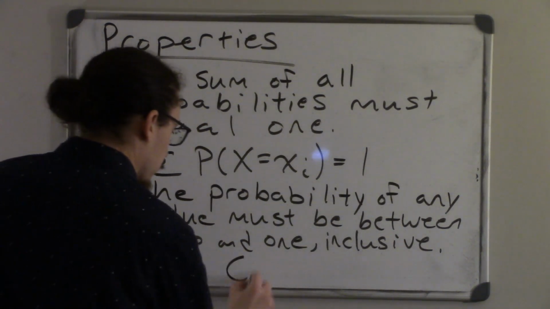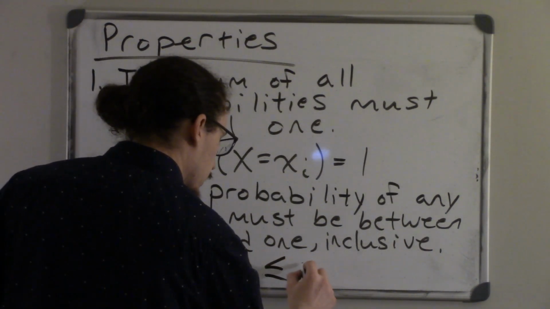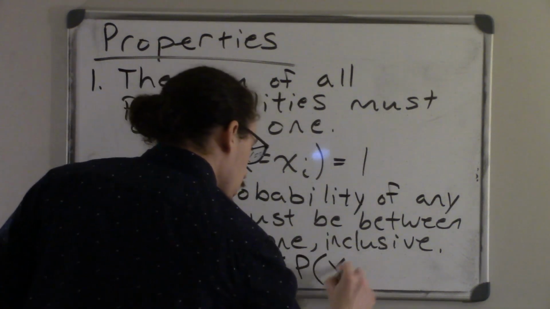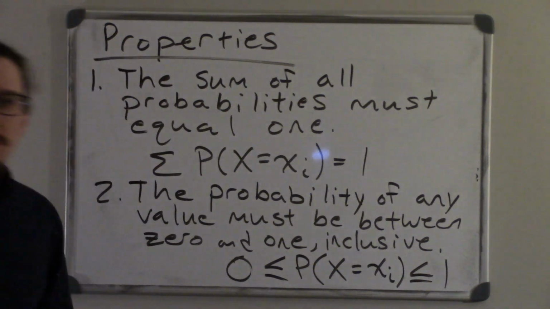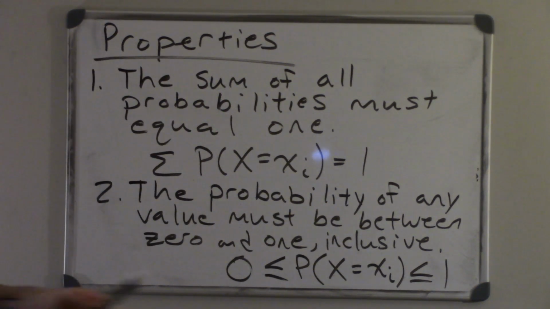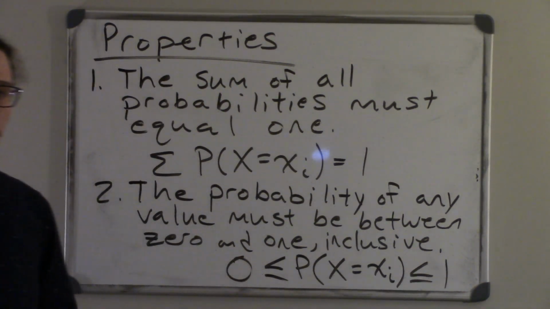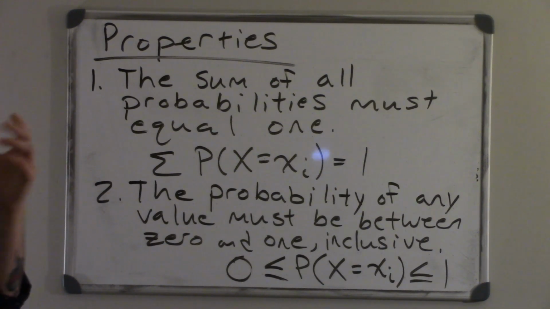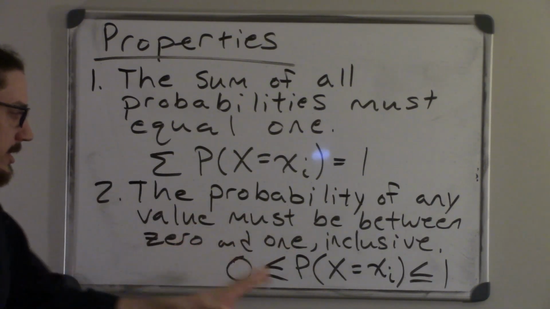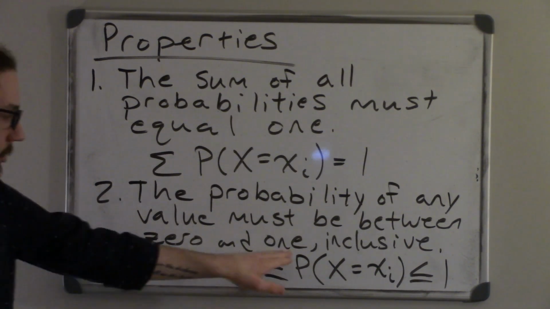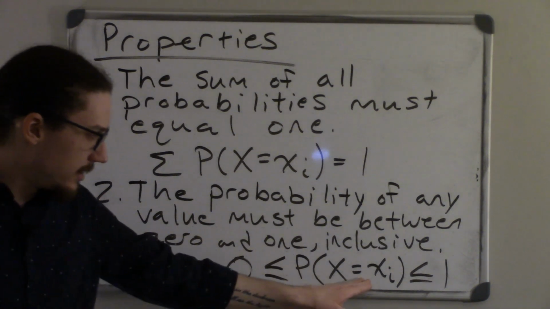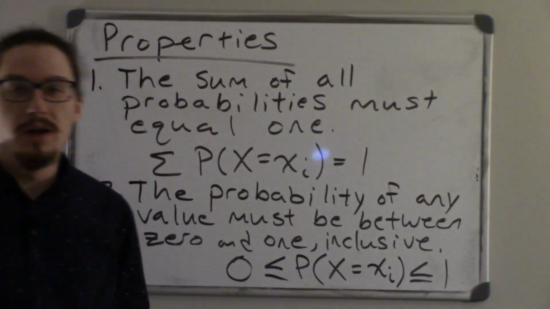All right, we'll just cram this in down here. Again, this is one we also saw: the probability of any value must be between 0 and 1, inclusive, so it can be 0, it can be 1. Mathematically, we can write that out as 0 less than or equal to P(X = xi) less than or equal to 1.